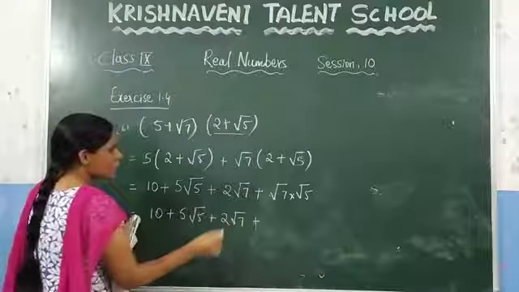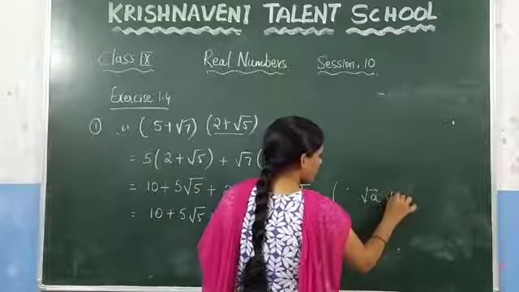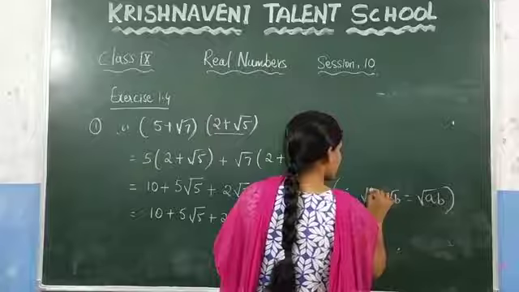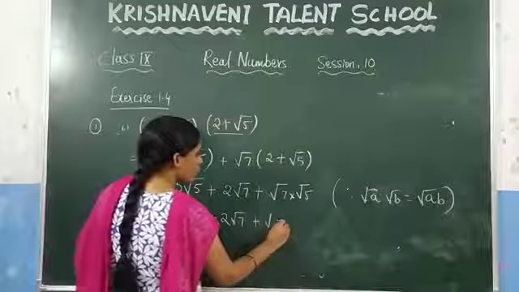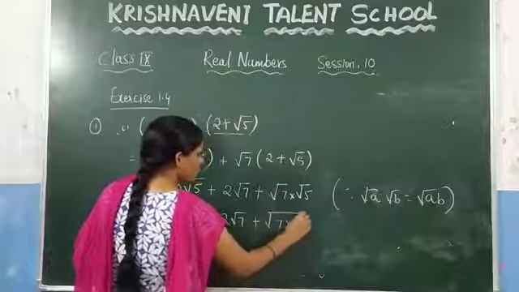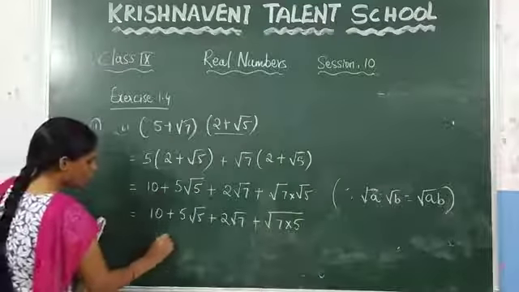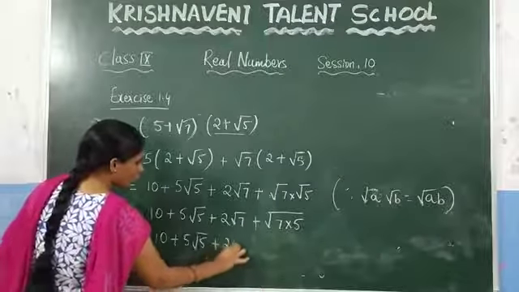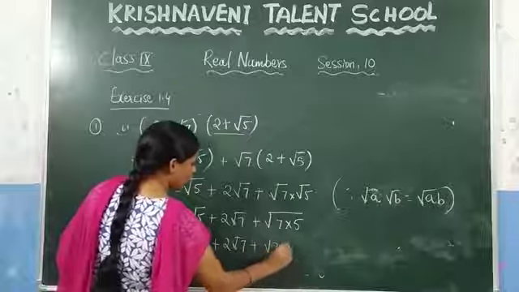Here what is the formula for root a into root b, which is nothing but root of a into b. This root is applicable to both these numbers. So you can do it here. Root 7 into 5. What is the value of 7 into 5? 35. So we will get it here: 10 plus 5 root 5 plus 2 root 7 plus root 35.